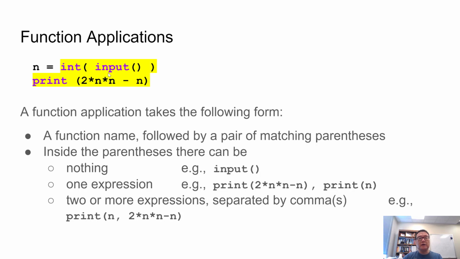So this int function application has one expression as its argument. The print also has one expression as its argument. It can also have two or more expressions separated by commas. So for example, this is code that one can write: print n, and this hexagonal number.